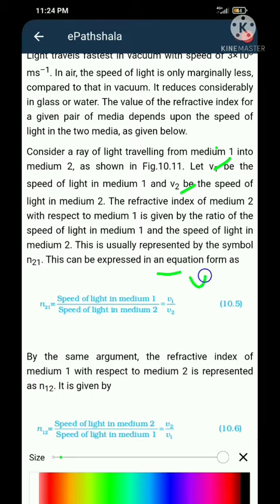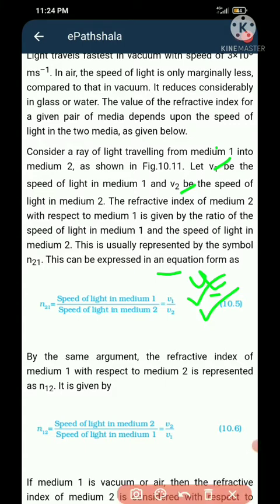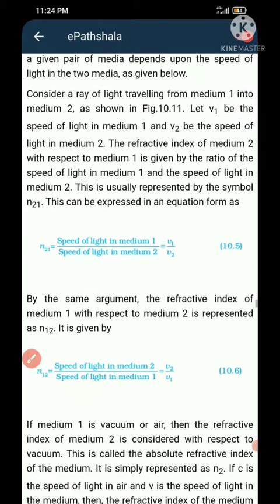So overall v1 upon v2. The same thing is also applicable when we reverse the media. n12 is the speed of light in medium 2 upon speed of light in medium 1, v2 upon v1.